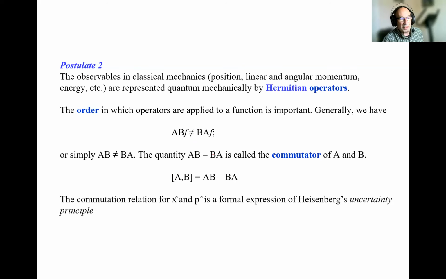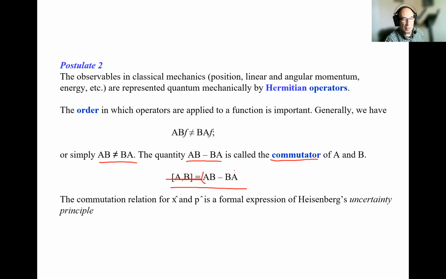And so this quantity, which is called AB minus BA, when we act with this on the wave function, is called the commutator. And that is a very important quantity. In physical terms, it is usually written like that, AB minus BA.